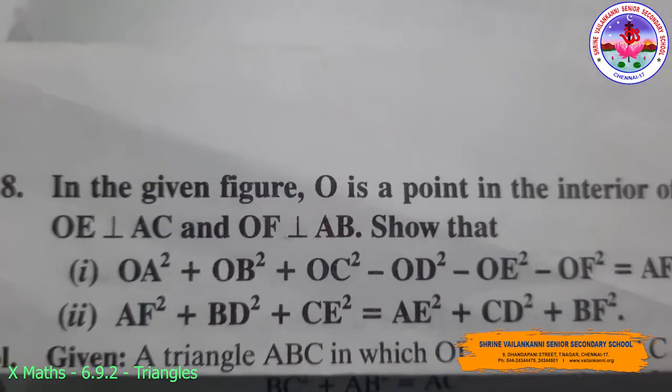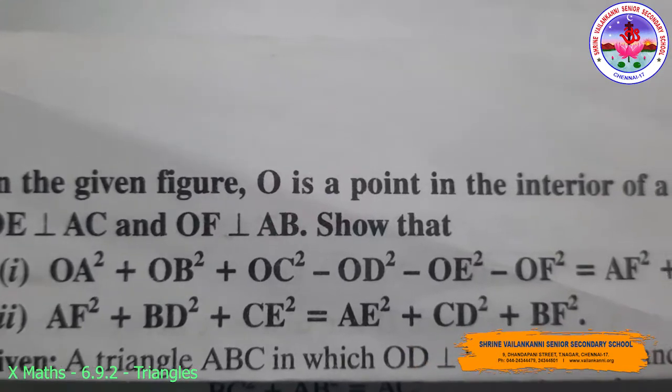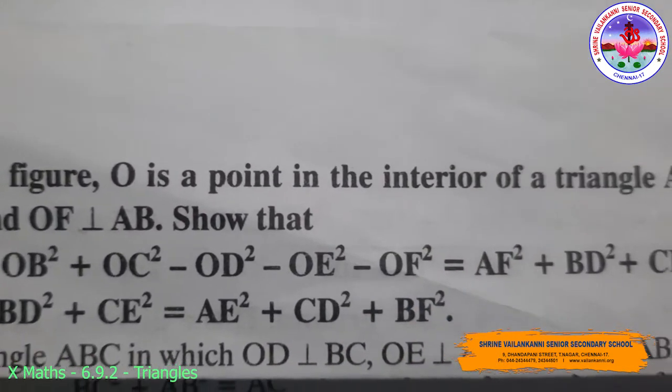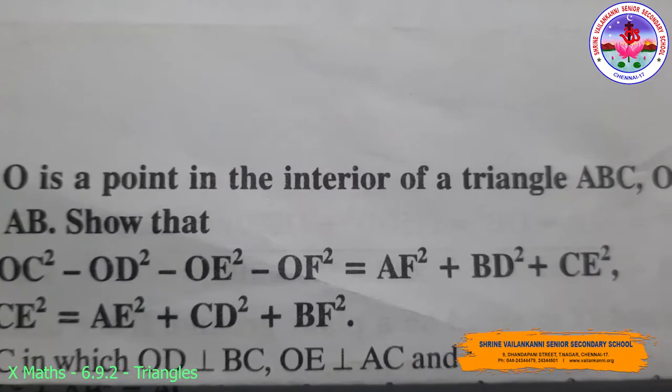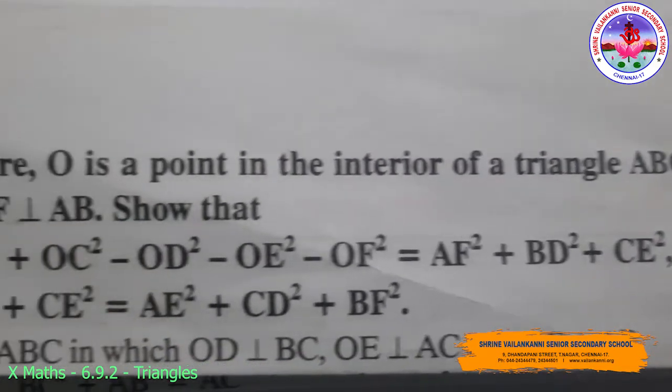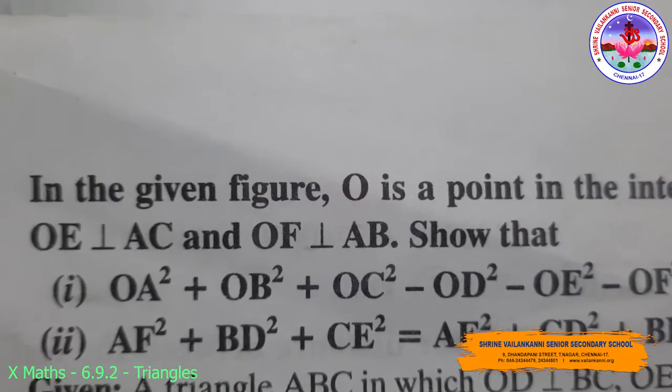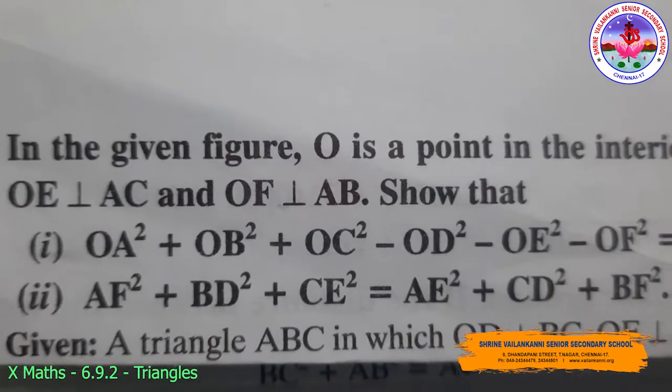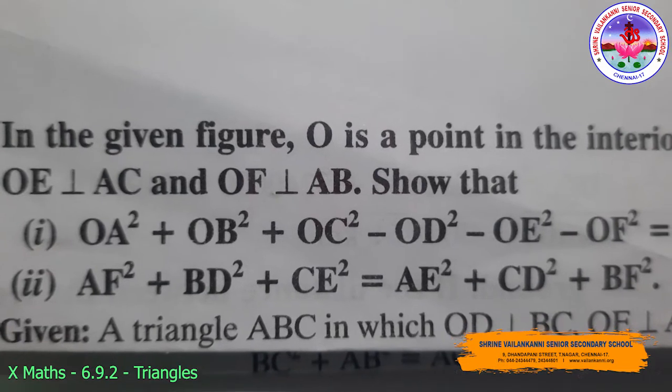Eighth problem. In the given figure, O is a point in the interior of triangle ABC. OD is perpendicular to BC, OE is perpendicular to AC and OF is perpendicular to AB.